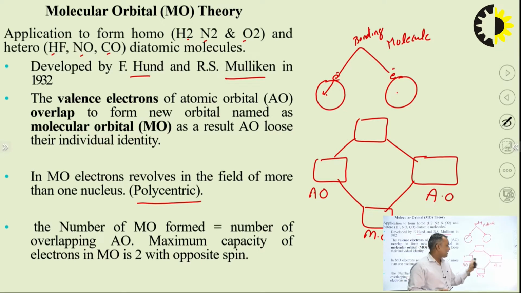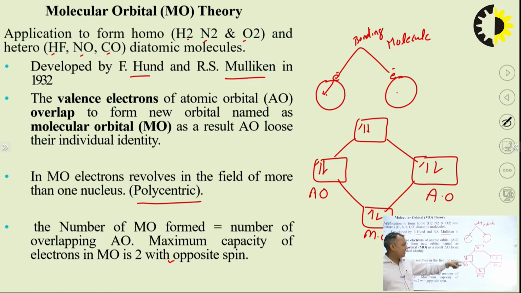So if there are two atomic orbitals, then we will get two molecular orbitals. And the maximum number of electrons which can remain in an energy level is two electrons with opposite spin. Suppose we have two electrons here and two electrons here, then the filling occurs: two electrons here and two electrons here. This is the way the filling occurs.